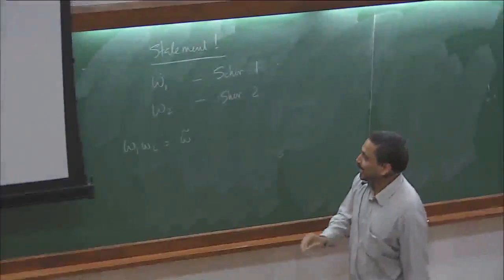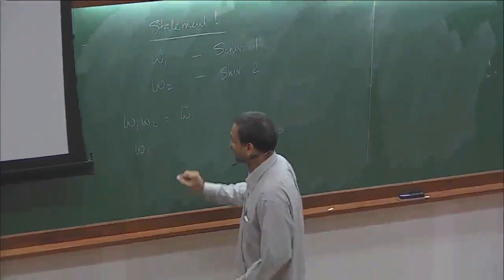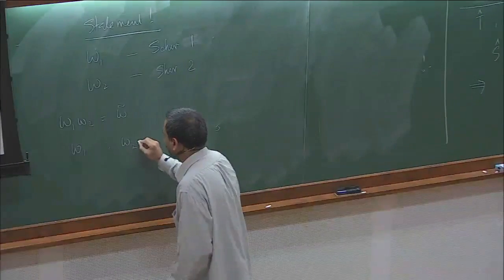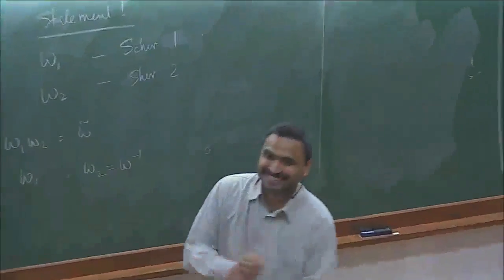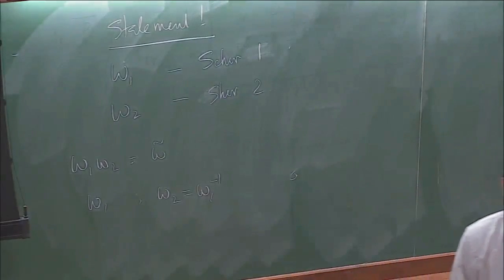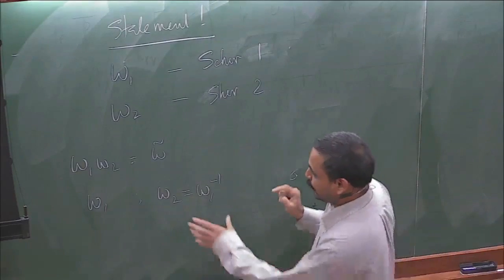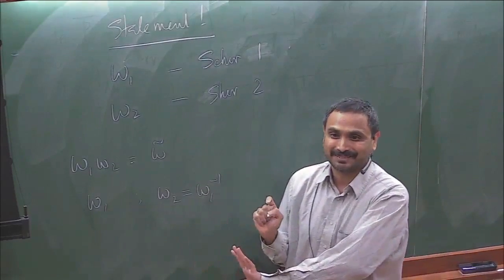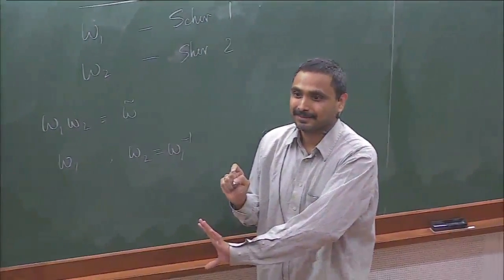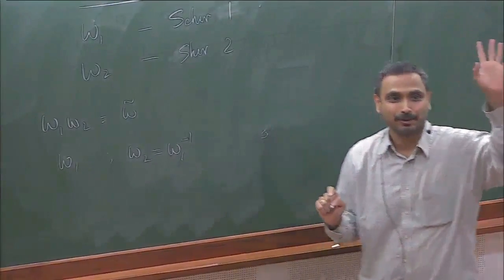Now if you give me omega, a Schur multiplier system, just take omega 2 equal to omega 1 inverse. That is also a Schur multiplier system. Omega 1 inverse is also a Schur multiplier system. Everybody follows that?